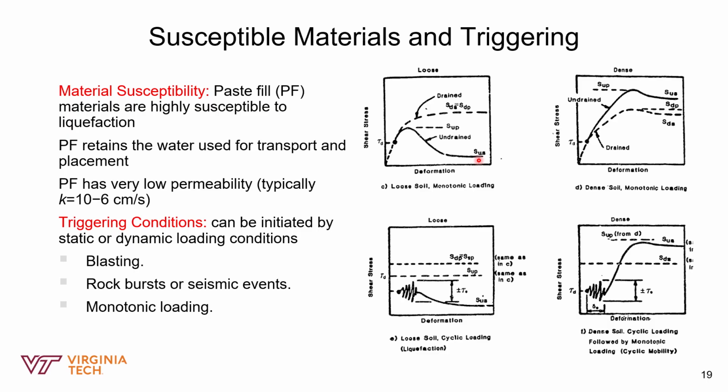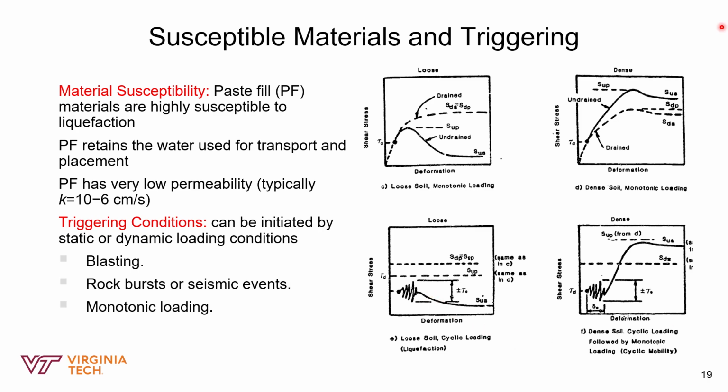And once the shear stress drops to this point, it indicates flow failure. Under cyclic loading, the pore pressures increase until the shear resistance drops to SUS, the undrained steady state shear strength. And that results in complete liquefaction.